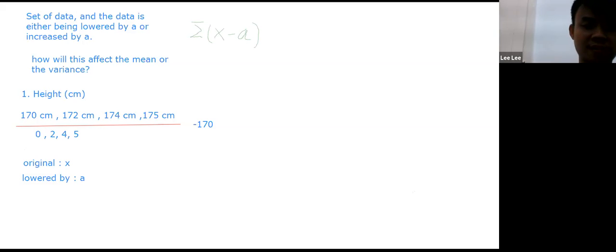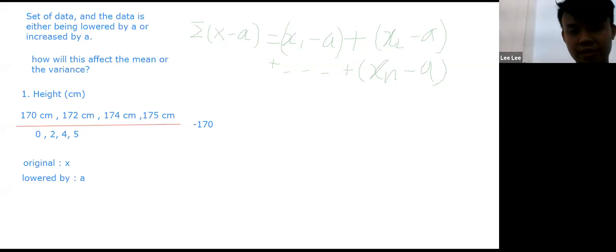So if I write sigma x minus a, it means x1 minus a, added with x2 minus a, and I add until the last x minus a.